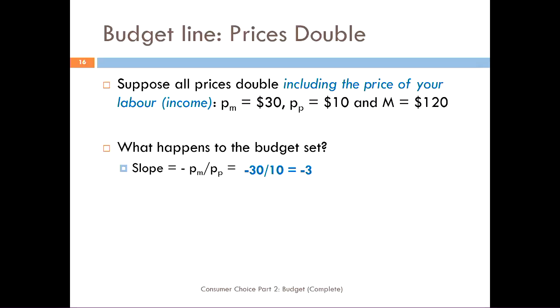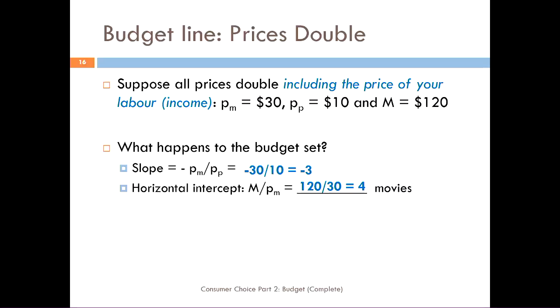What about the horizontal intercept? Remember, the horizontal intercept is your real income in terms of movies. How many movies could you buy if you spent all your money on movies? Well, you have a nominal income of $120. Movies cost $30. If you spent all your income on movies, you could buy 4. But that's exactly what you could buy before. The horizontal intercept hasn't changed.